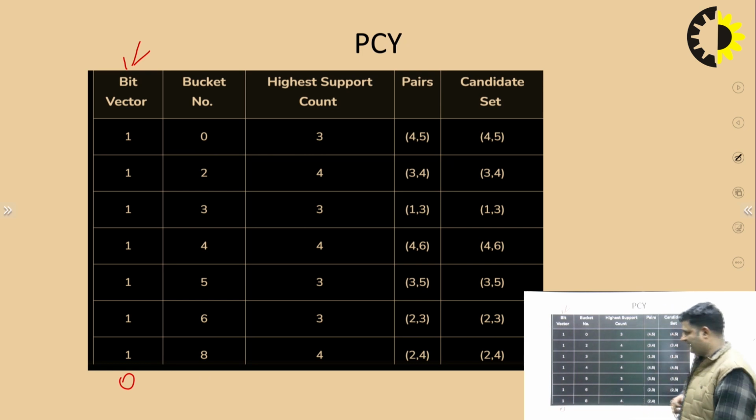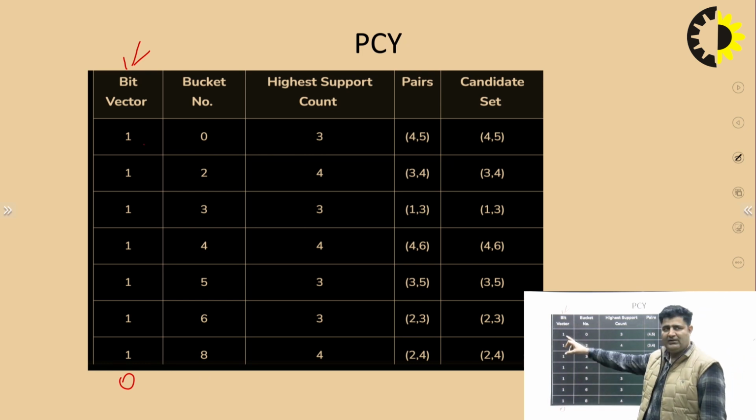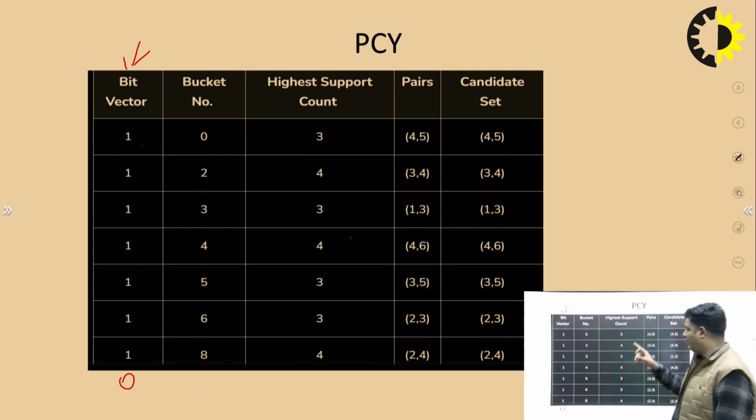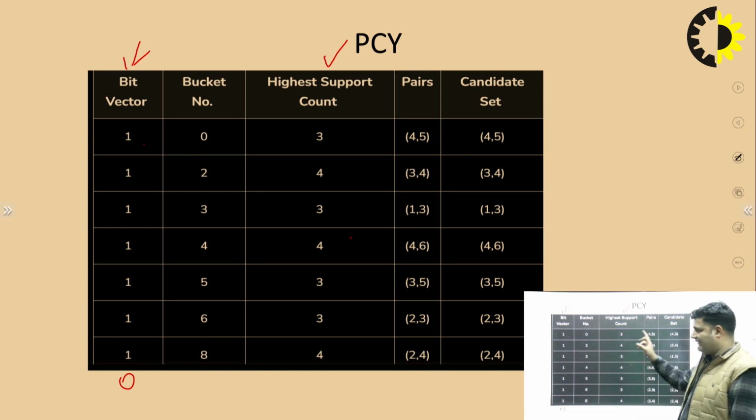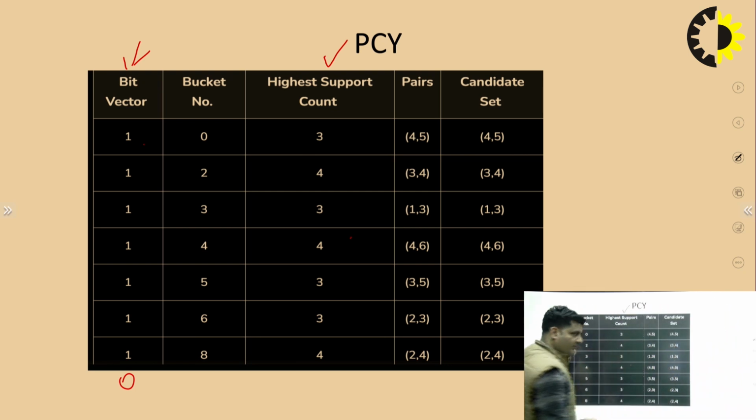So we simply put the value 1, meaning that the threshold count is 3 or more. Otherwise the value is 0. So this is the bit vector, where 1 represents a count of 3 or more, and this is the bucket number, which we find with the help of this hash function.